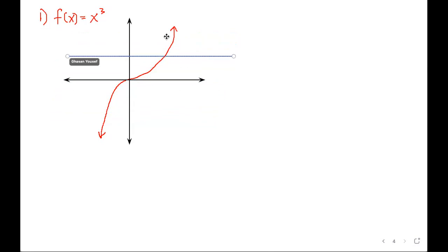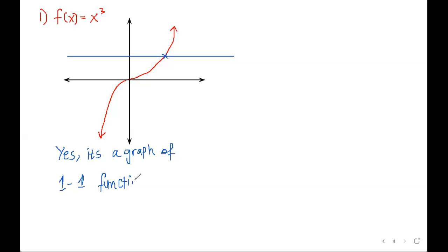So this means the graph is a graph of a 1-to-1 function. So the first one, yes, this is true. It is 1-to-1.